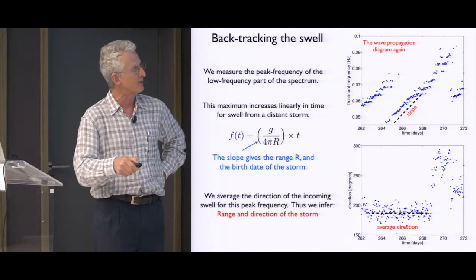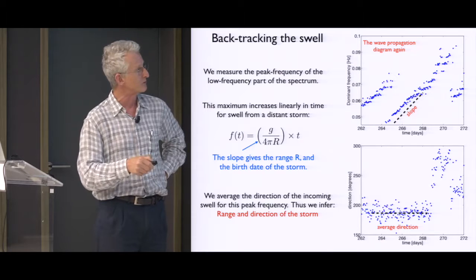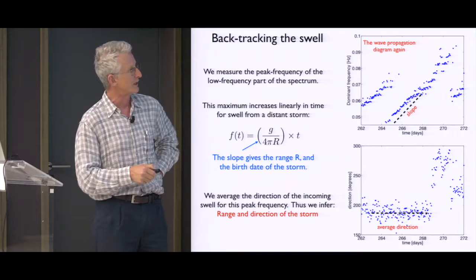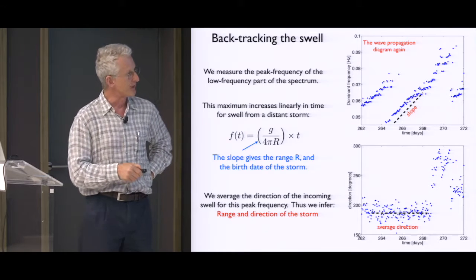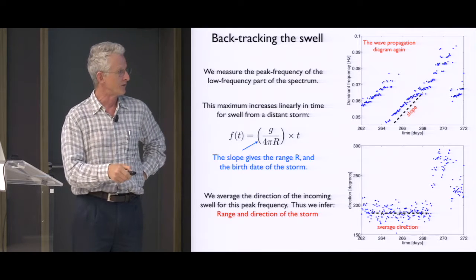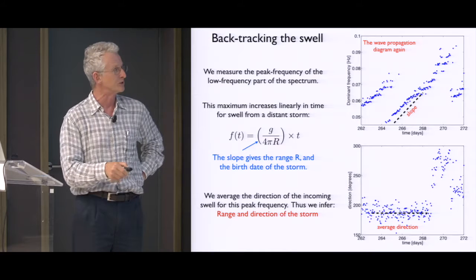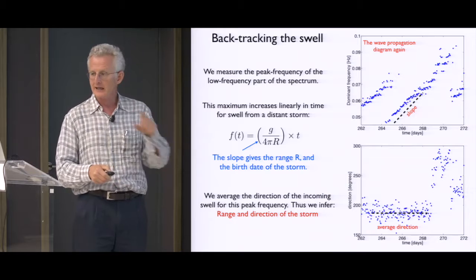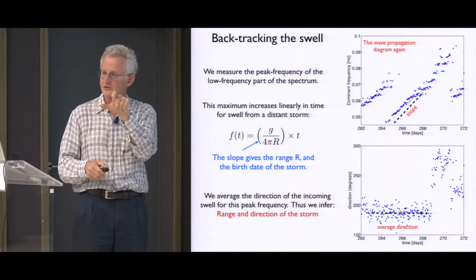We used the formula which was derived by Ursell based on the Cauchy-Poisson solution, and we can work out the range. Now, we also get a measure of the direction. This is the direction of the waves which are incident on the buoy. So we don't have to use this cumbersome triangle with pressure sensors on the bottom.